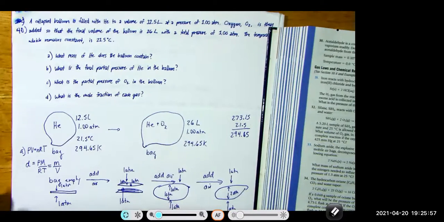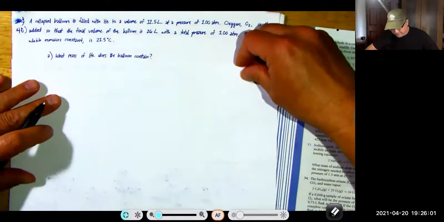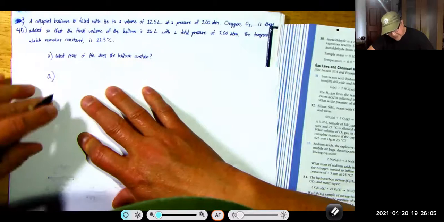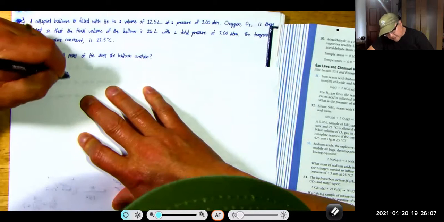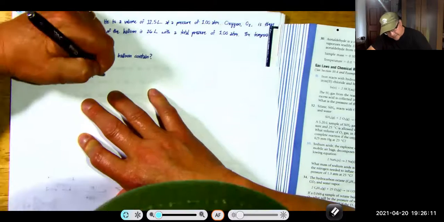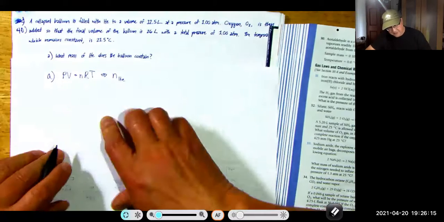Okay, so for A, there are 2 ways of doing it. For A, we could first take PV equals nRT, and we could calculate the moles of helium from the information given.